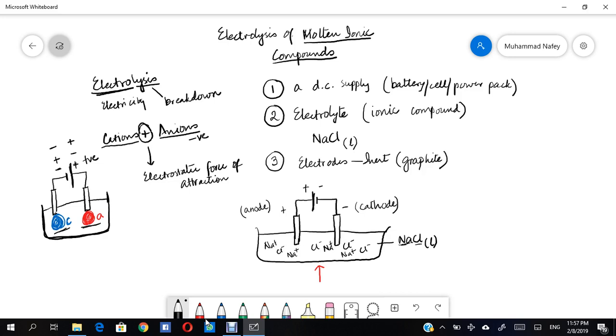Now, when direct current is passed through this mixture, through this liquid ionic compound, this attracts ions towards different electrodes. What happens is that all the negative ions start moving towards the positive electrode, that is the anode.